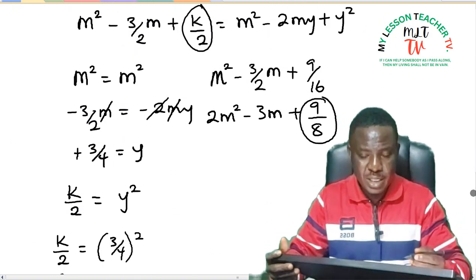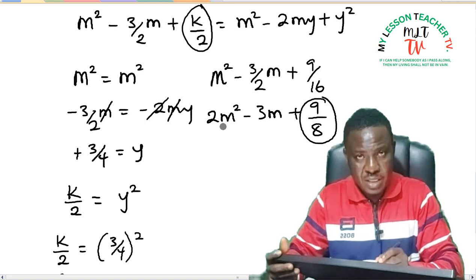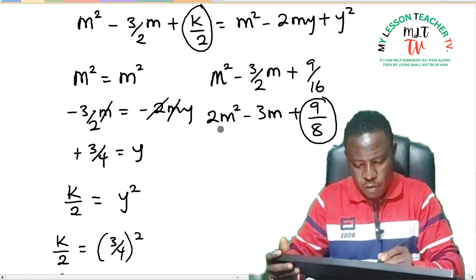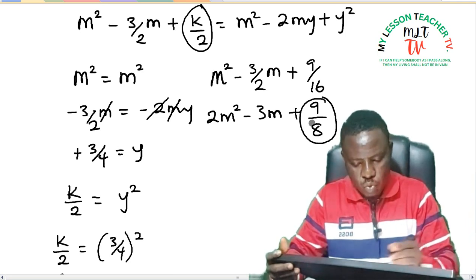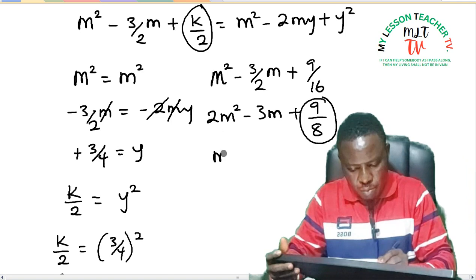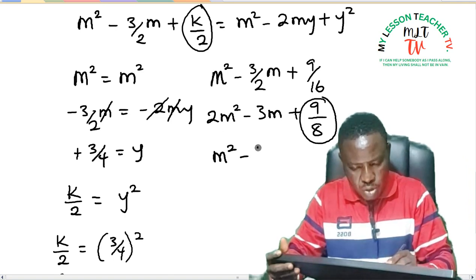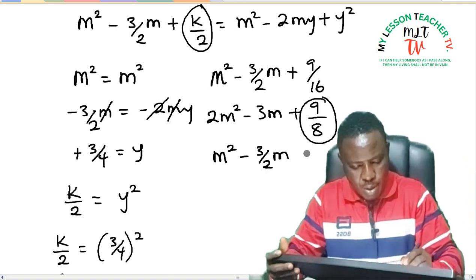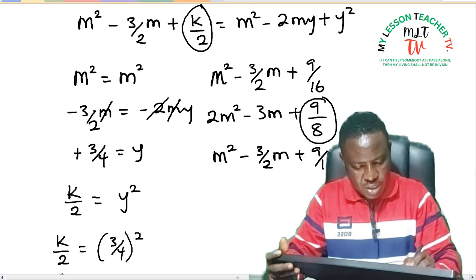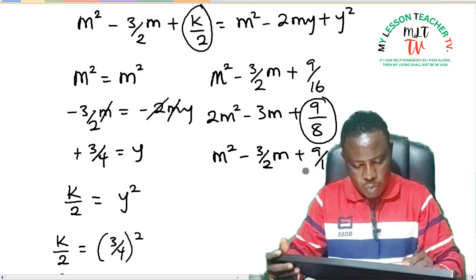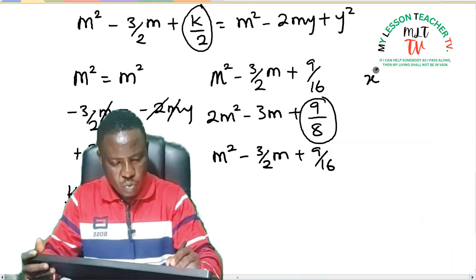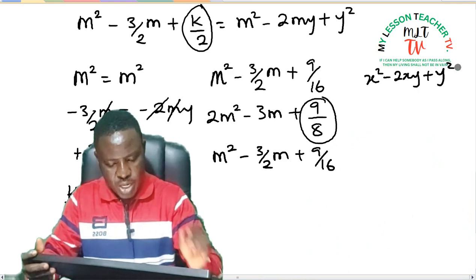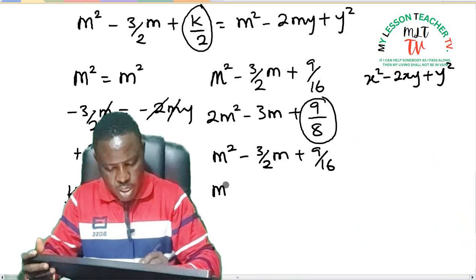So factorizing this completely, we must equally ensure that the first term and the last term is a perfect square. For us to make it a perfect square, we need to divide all through by 2. So this gives us m squared minus 3 over 2m plus 9 over 16. When you factorize, we are going to write it in the form of x squared minus 2xy plus y squared. So this is already m squared.